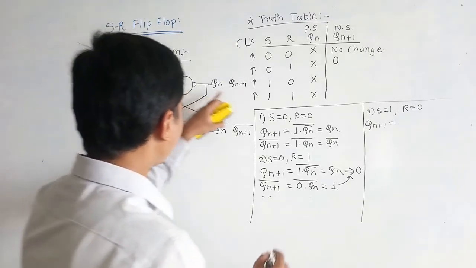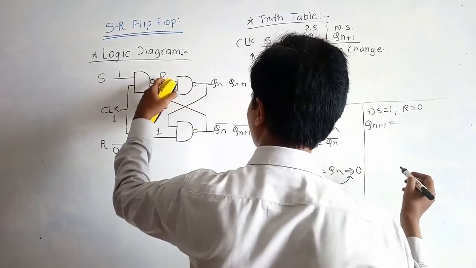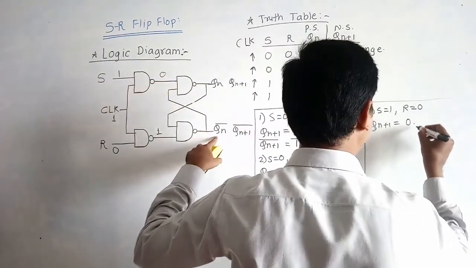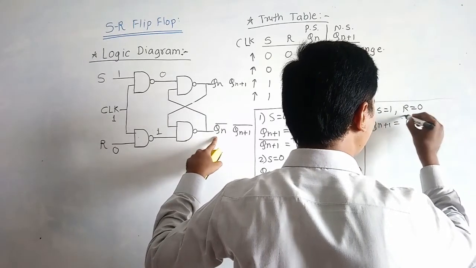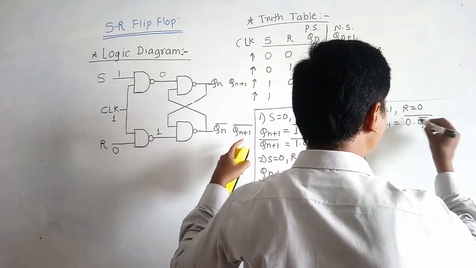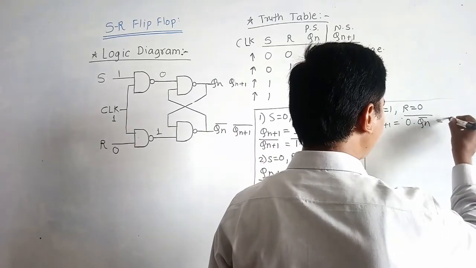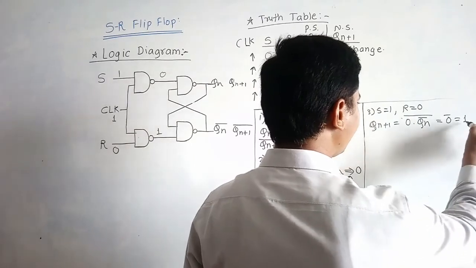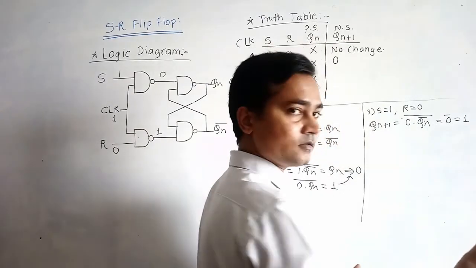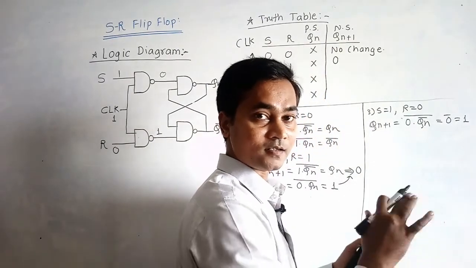Now to obtain Qn+1, 0 dot Qn bar, Qn bar whole bar. So here the output will be 0 into anything is 0, 0 bar is equal to 1. Okay, so if this output is 1, then you can directly write Qn+1 bar is equal to 0.